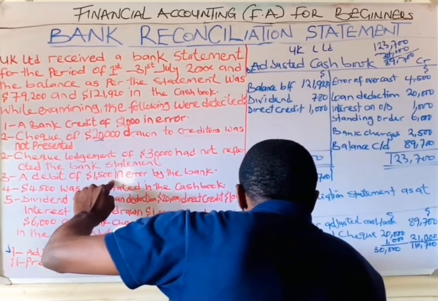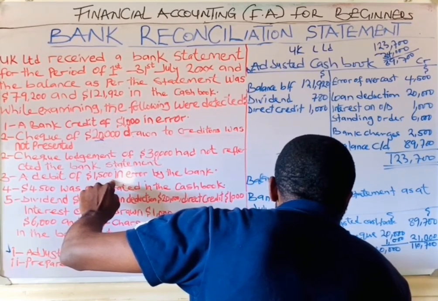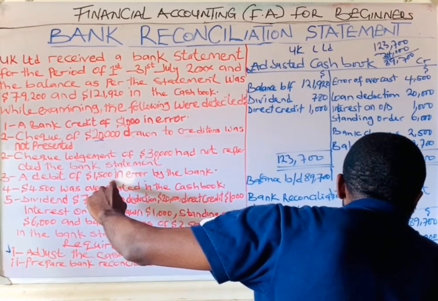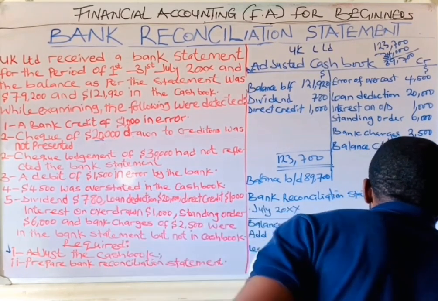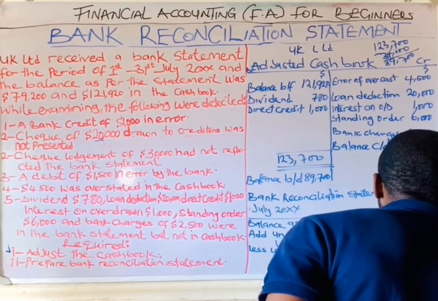Wrong, you're going to add your wrong debit. It is 1,500. So if you add it, you get your 31,500. You're going to less.